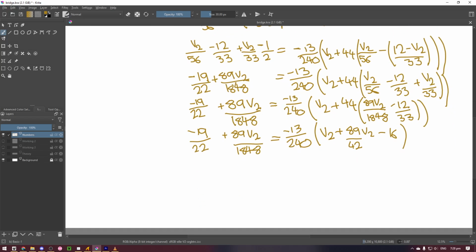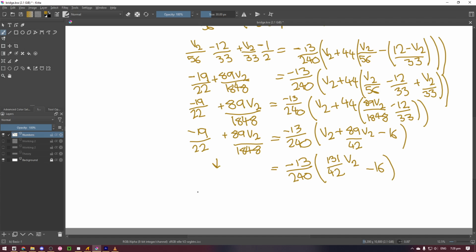And now we'll add the V2s inside the brackets. So this will just come down. We'll have minus 13 over 240 times 1 plus 89 over 42 V2, which is 131 over 42 V2 minus 16.